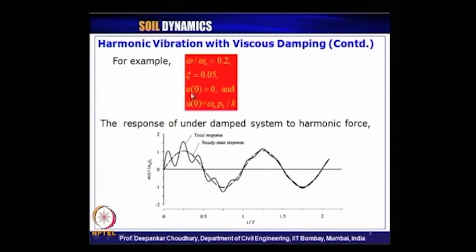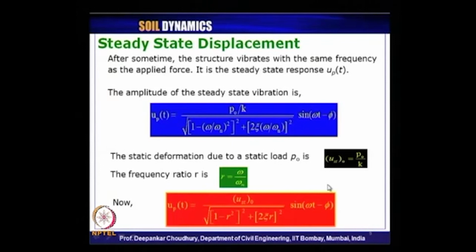As the initial displacement was 0, it starts from 0, you can see, and this is the total response as I have mentioned. Slowly with time the transient dies down, but this keeps on continuing because this is the steady state response, which remains harmonic. That is what I have also drawn. So, this is another example problem shown here.